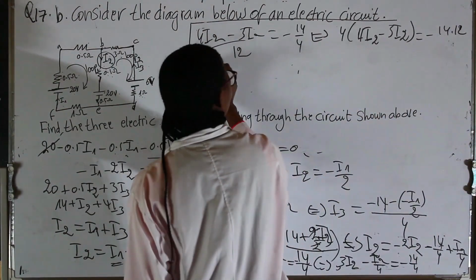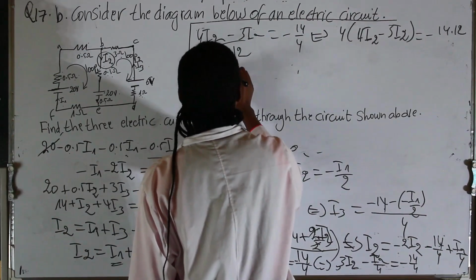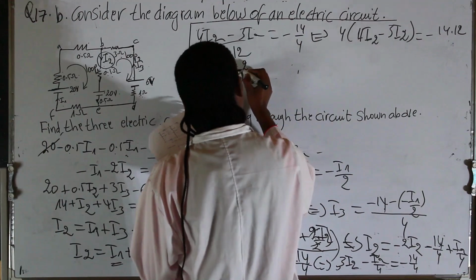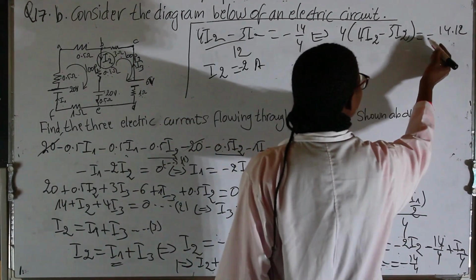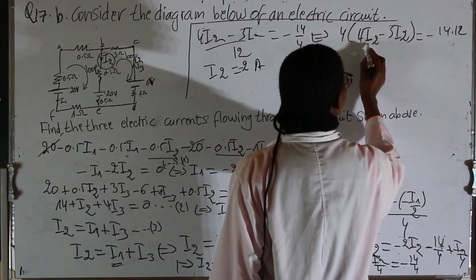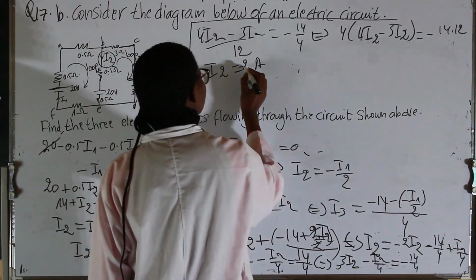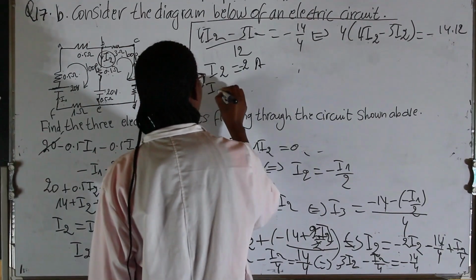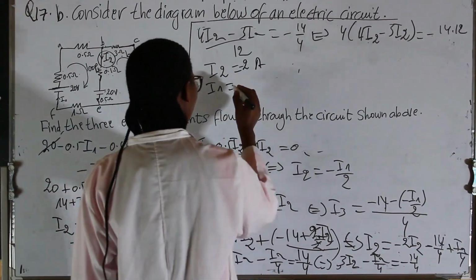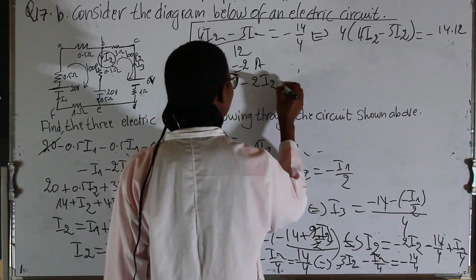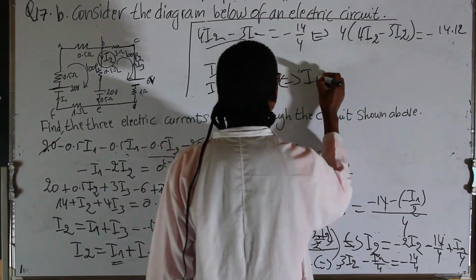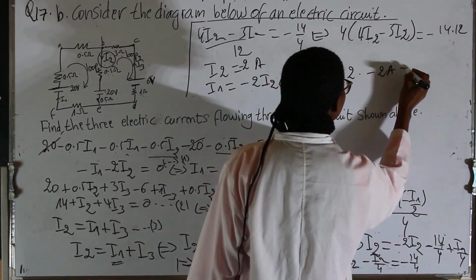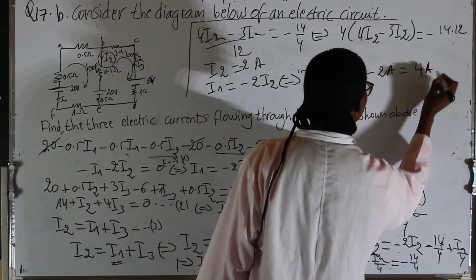By calculation, we'll find that this I2 will be equal to minus 2 ampere, because here we have minus. Then we find that I1 is equal to minus 2 I2. Then I1 should be equal to minus 2 times minus 2 ampere, which will be equal to 4 ampere.